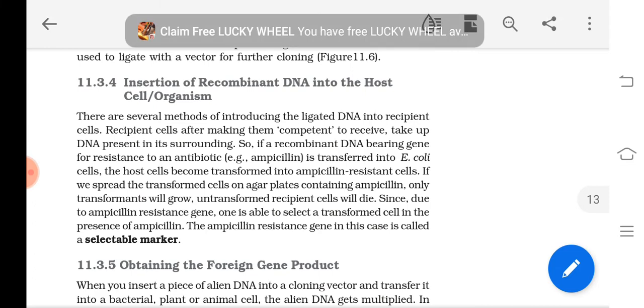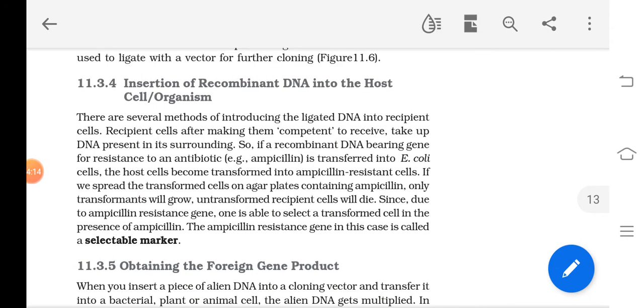And if it is not, what will happen? That particular bacterial cell cannot grow in that medium containing ampicillin. Understood? So in this case, the ampicillin resistance gene is acting as a selectable marker, which can be used for identifying the transformants and the non-transformants.